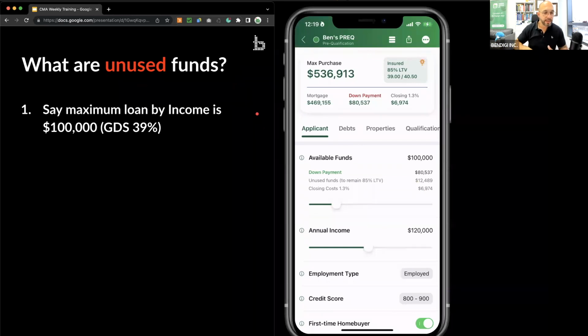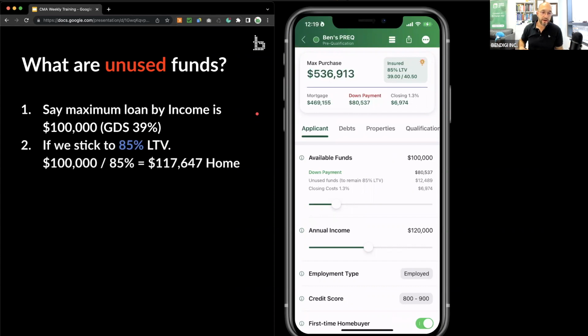Say there's a maximum loan that we can get based on our GDS, and it's $100,000. That's just using our income and figuring out what our max loan is. Now, if we force it to be 85%, that means if that's my max loan, and I need that max loan to be 85% of the purchase price, then I can only go up to $117,647 for my purchase price.